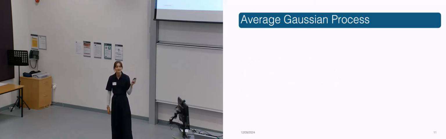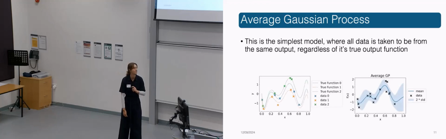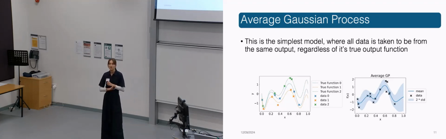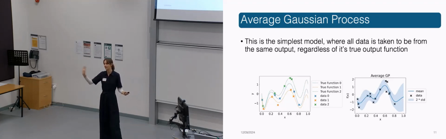So the first one, the most basic model we could think of, is an average GP. Here, learning each competitor is a task. For each of our competitors, or each of our tasks, we just fit it all with one GP. We ignore the fact that they come from different tasks and fit it all with one GP.